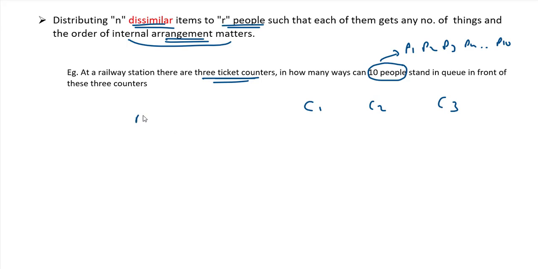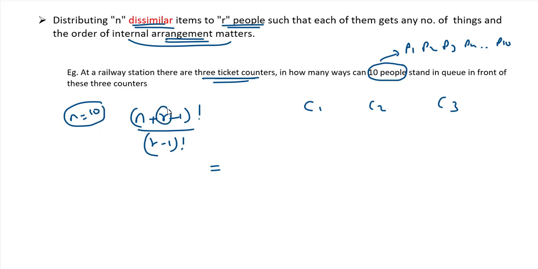This can be done in (n plus r minus 1) factorial upon (r minus 1) factorial ways. It is not possible for us to manually list down all of these combinations. We can directly use this formula and arrive at our answer. So here we have the value of n as 10. We need to distribute 10 people to 3 counters.